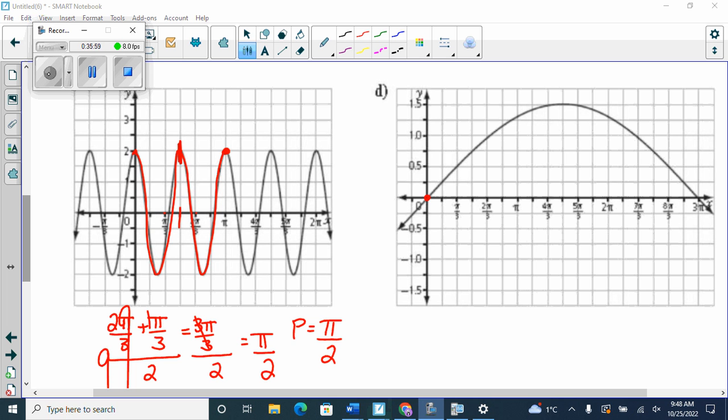So how can I find the period of this one? So if I follow along here, I went past a max. Have I gone past a min yet? No, so I would be like, shoo, and then, period. When did it happen? 6 pi, right?